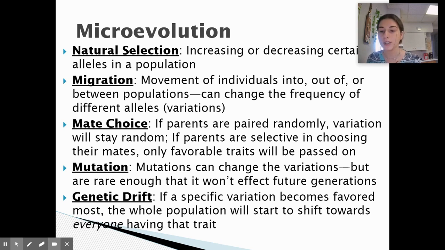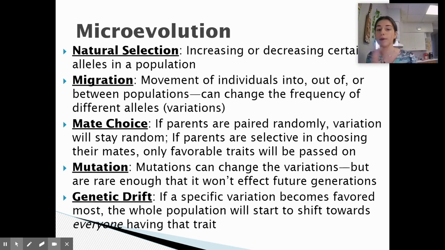If a specific variation becomes favored over all of the others, the whole population will start to shift towards everyone having that trait. As we remember in the giraffe example, the giraffe with the longer neck had the more favored trait, and over time, more of the offspring had long necks because that giraffe survived and reproduced.